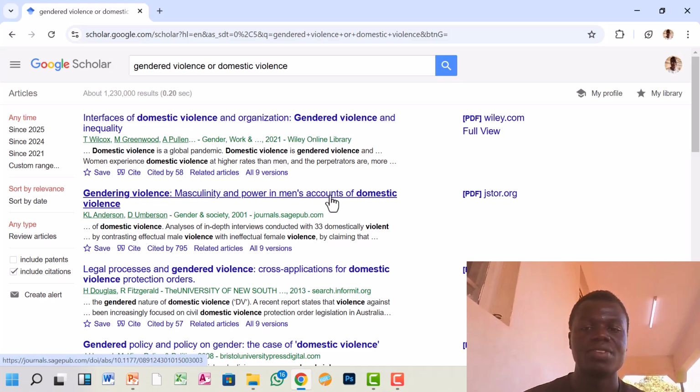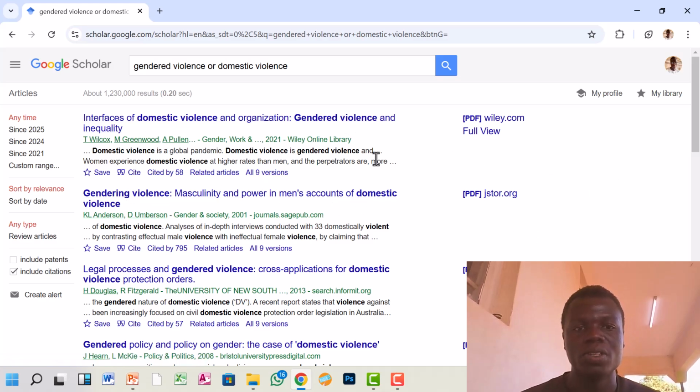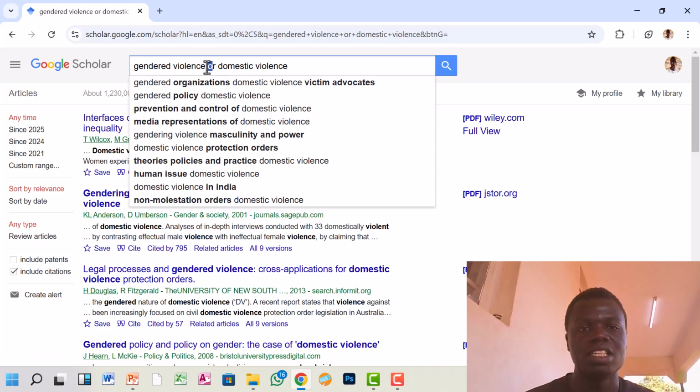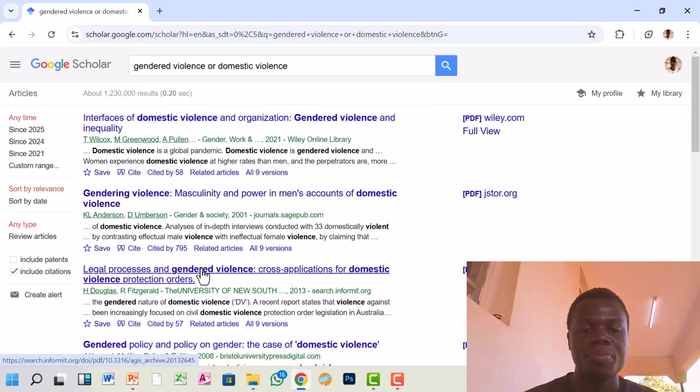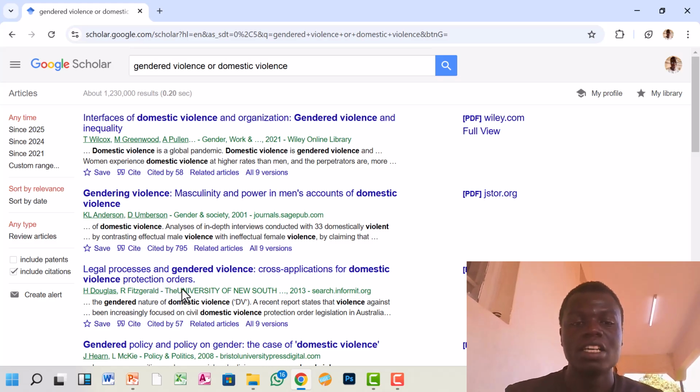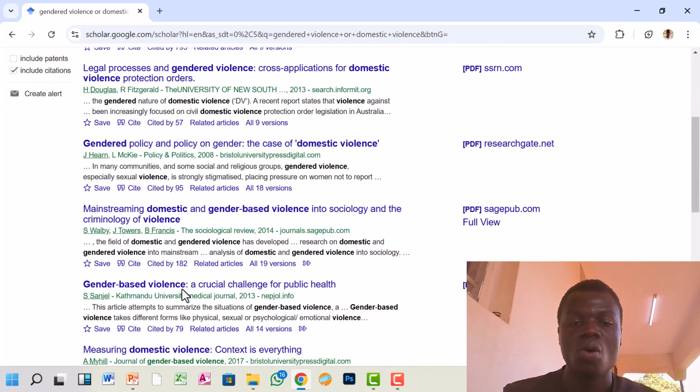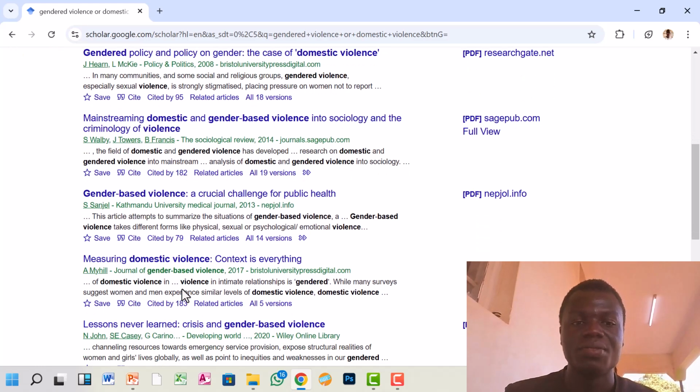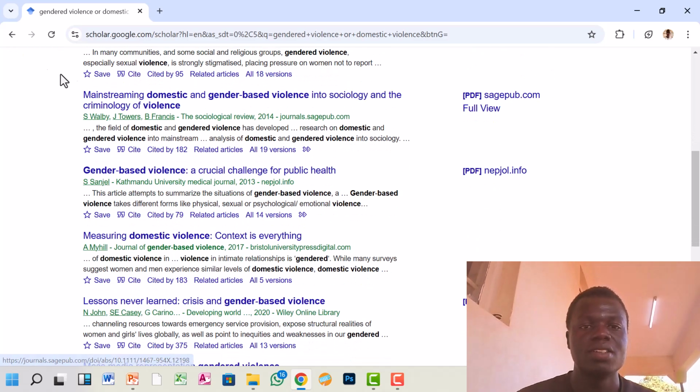You can see gendered violence, domestic violence. So this is when using or, in such a way that it retrieves both results. So you can see gendered violence or domestic protection, in such a way that these articles all come with both gendered violence and domestic violence.